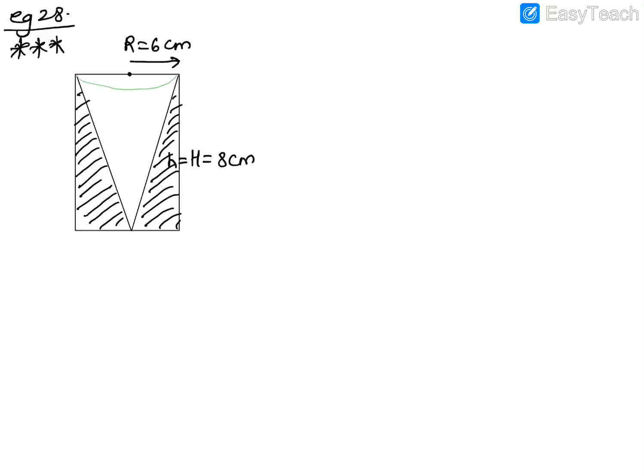It's basically like this. Correct? And from there they have carved out a cone. So now the volume is going to be really simple out here. The remaining volume is equal to volume of the cylinder minus the volume of the cone. See how simple it gets.